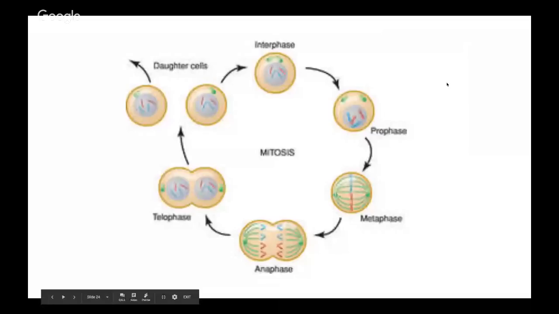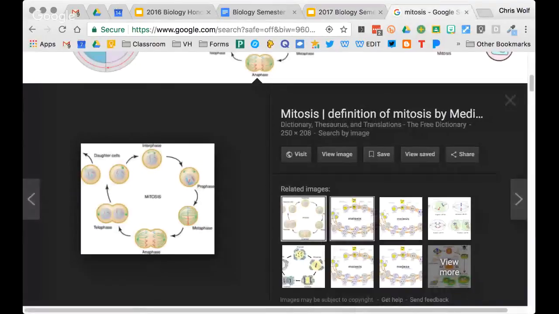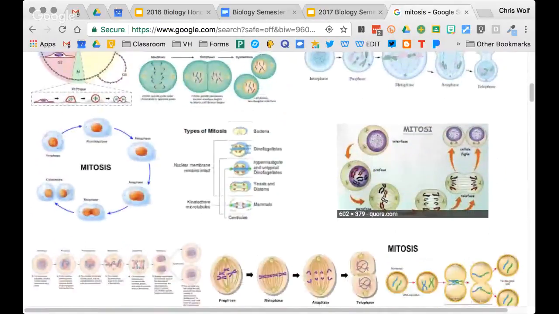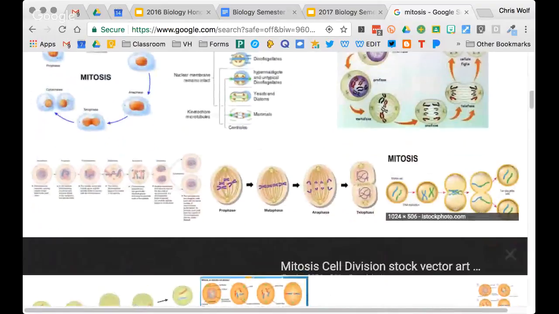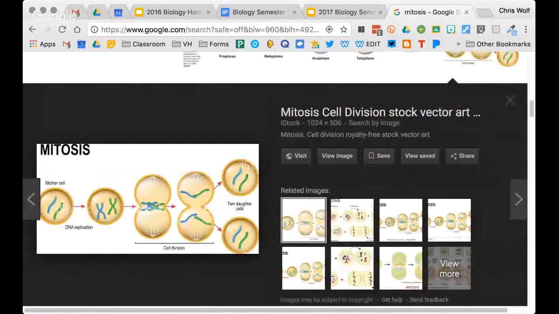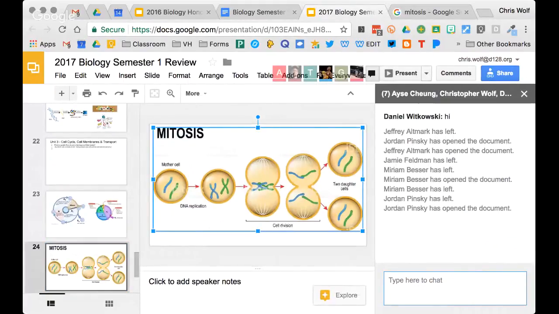Oops. Oh, that's a blurry picture. This one looks better. Yeah, that's good.